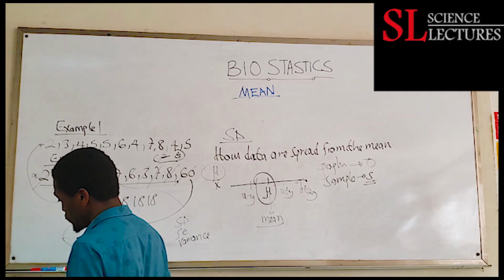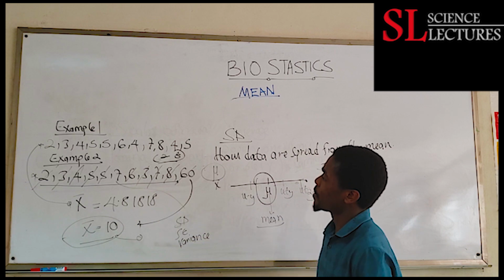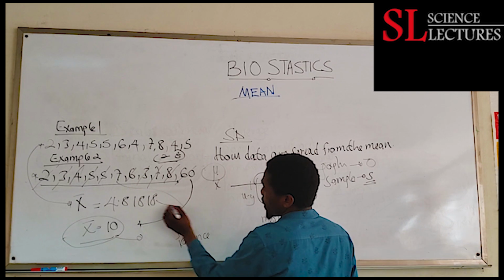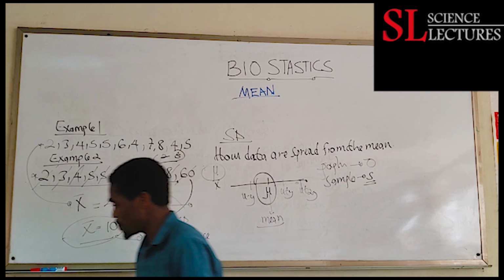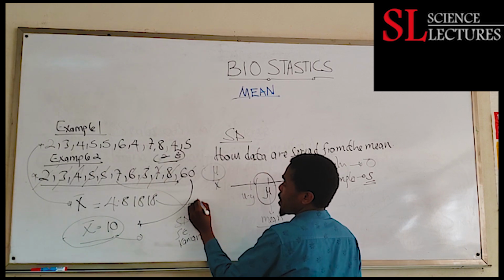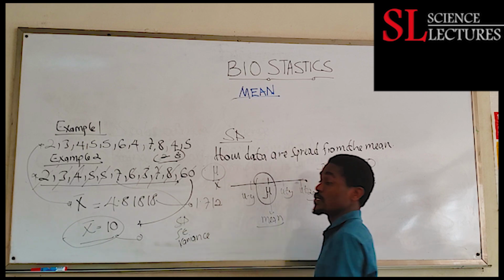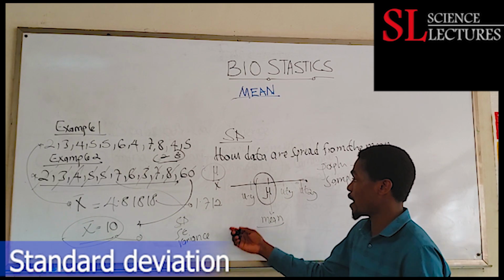But if we are to calculate for the first example, we'll get a standard deviation. I expect you guys to get a standard deviation of 1.712, but we can round it down to 1.7. We can use that.